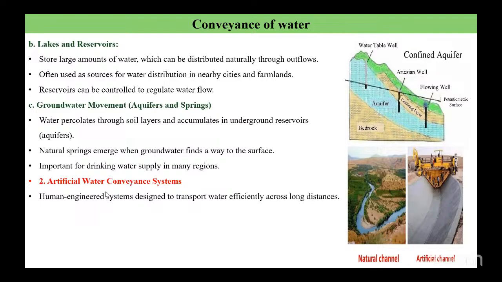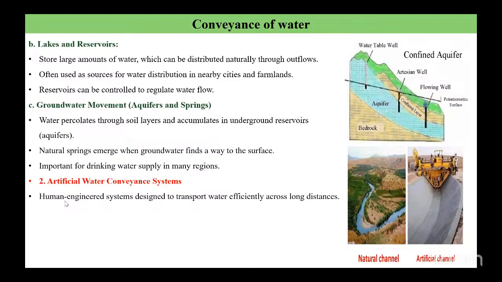If we see the groundwater movement, once there is precipitation, water percolates deep into the earth through the soil layers. Then there is soil and rock bed, which accumulates the water in underground reservoirs, which are nothing but the aquifers.